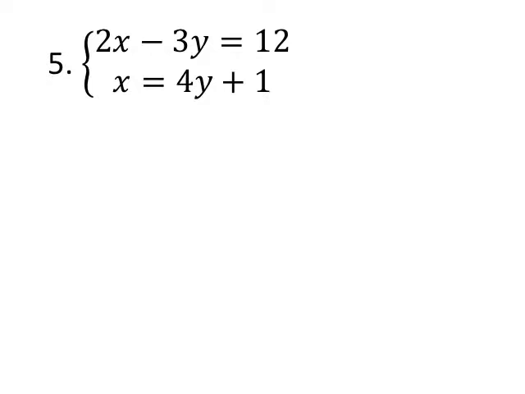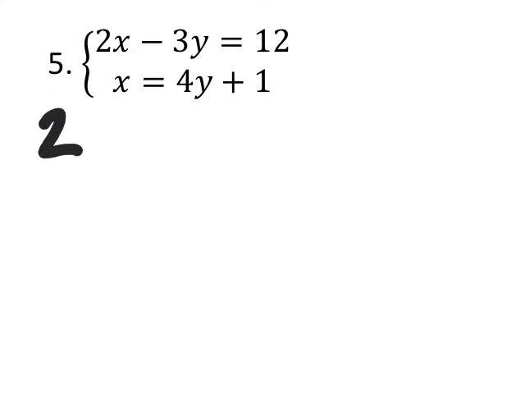Alright, be careful because on number 5, this looks a lot like standard form, but it is not. That's x equals 4y plus 1. That's the bottom equation here. But the top one is 2x minus 3y equals 12. So the equals are in different places, even though they're in columns like you see them there. So what this means is that we have just a variable, x equals something, which is great because then we can substitute x with 4y plus 1, which we're going to do.